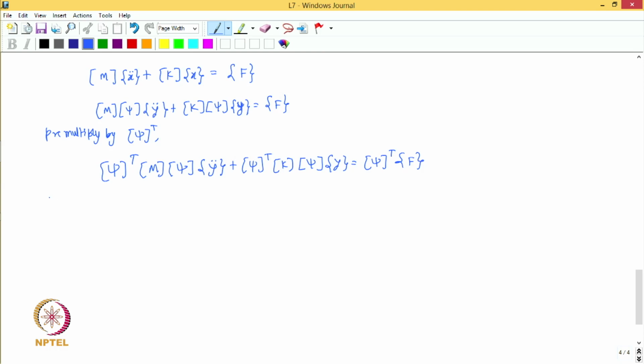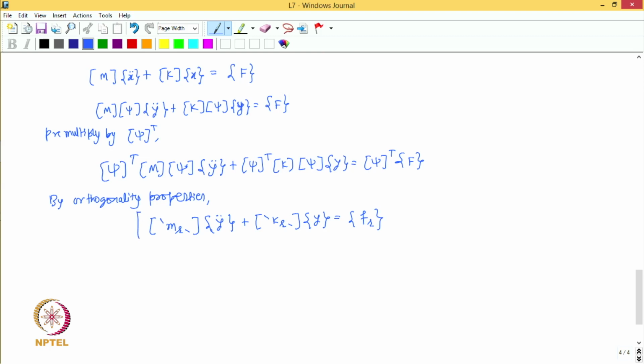And now, if you invoke the orthogonality properties, then psi transpose m psi is nothing but a diagonal matrix M R, and psi transpose K psi is another diagonal matrix K R, and let us represent psi transpose F by say F R.